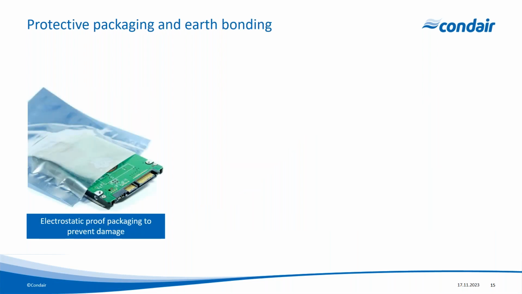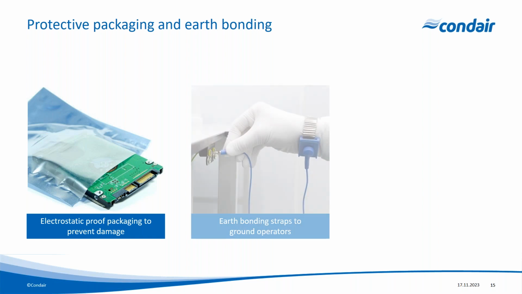There are other ways of combating it as well. It's quite common to see electrostatic proof packaging that's there to prevent damage to semiconductors or electrical components. And that's great while it's in transit and it's packaged. But as soon as you remove it from that electrostatic proof packaging, then there's the potential for damage to that component.